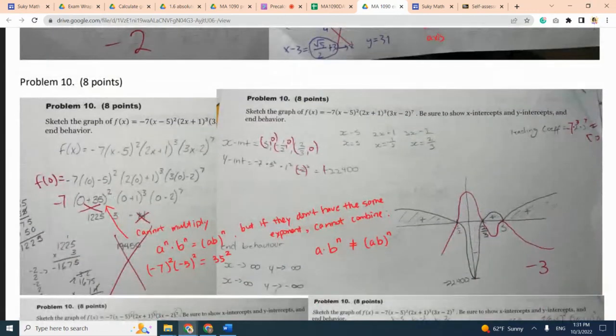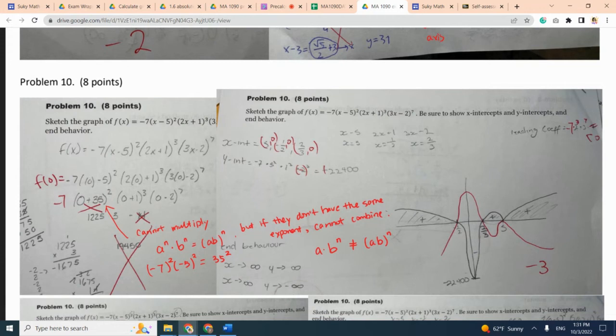Okay, and here, -7. This is -5 squared. But we cannot combine the -7 and the -5 because of the square. Okay, everybody? So a to the n times b to the n is a times b, parentheses, to the n.